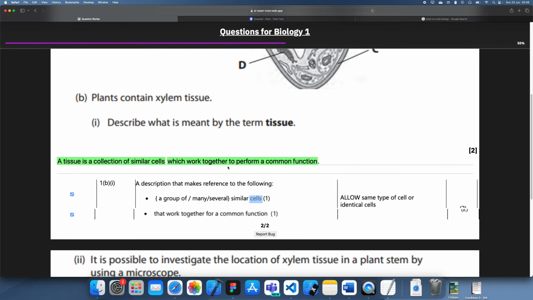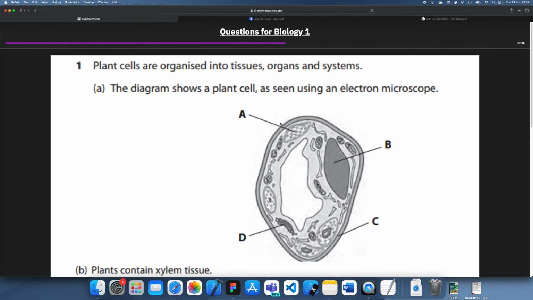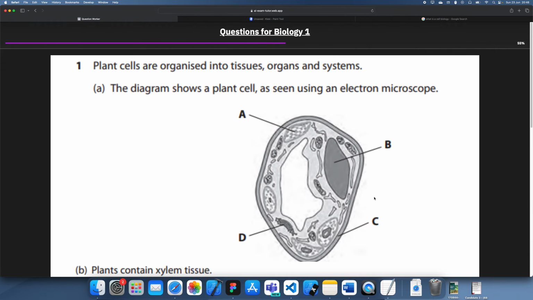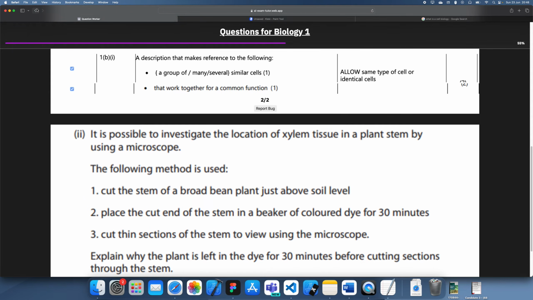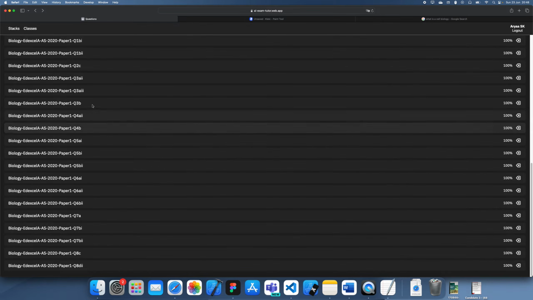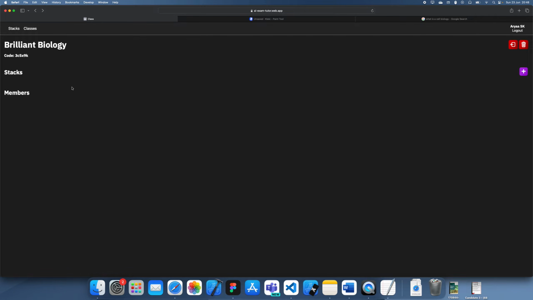Don't just memorize, but rather try to understand, since that's what's really going to help you apply your knowledge in the harder questions. So just make sure you get through all these questions, then go to the next one and get these all to 100%. I'm pretty sure I've got the rest of them to 100%.